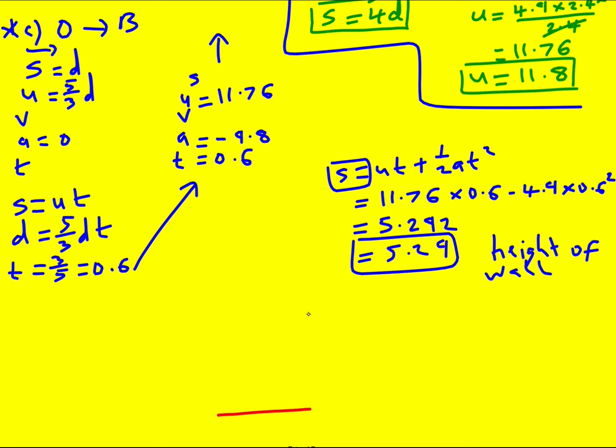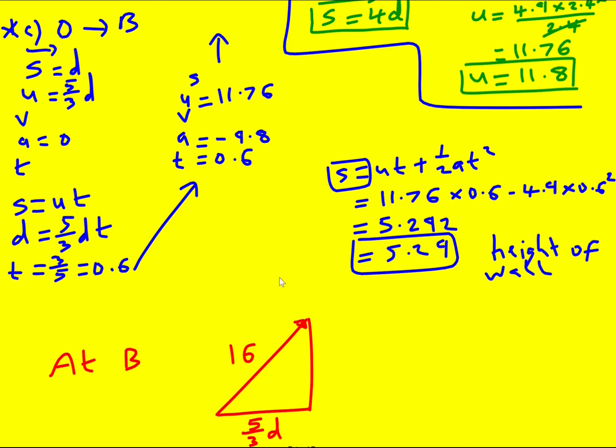So momentarily at point B, we've got a speed of 16. We know the horizontal component is 5 over 3d.